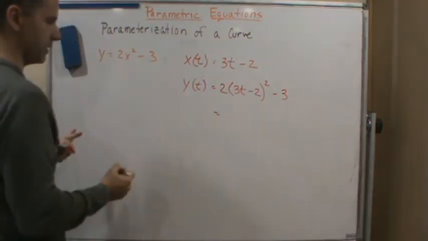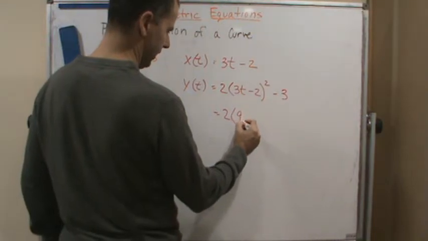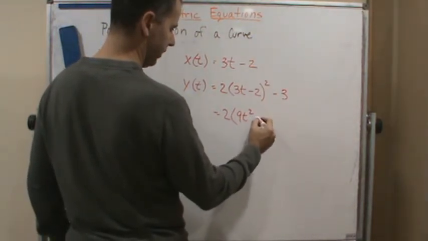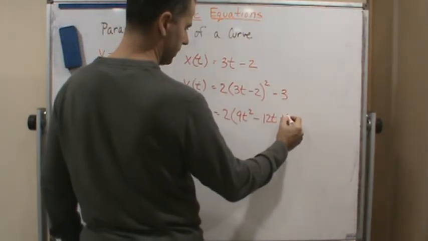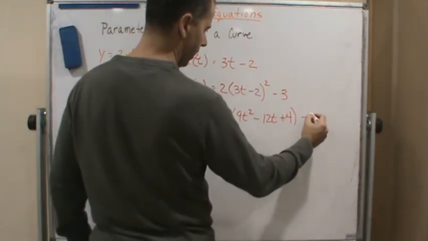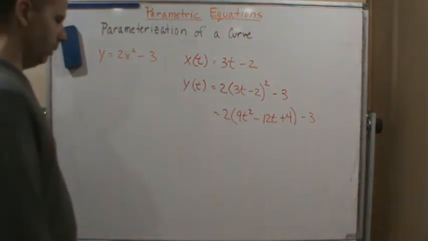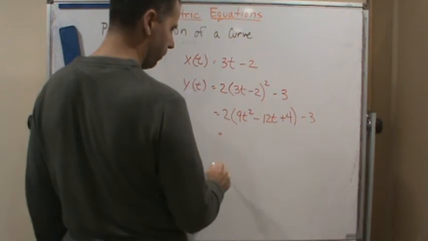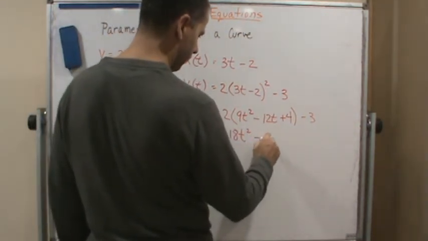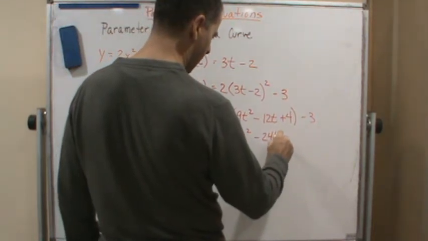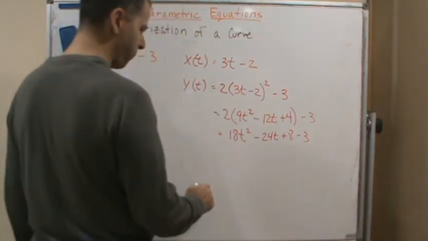Now we just have to simplify. This gives us 2 times 9t squared minus 12t plus 4, minus 3, which gives 18t squared minus 24t plus 8 minus 3.